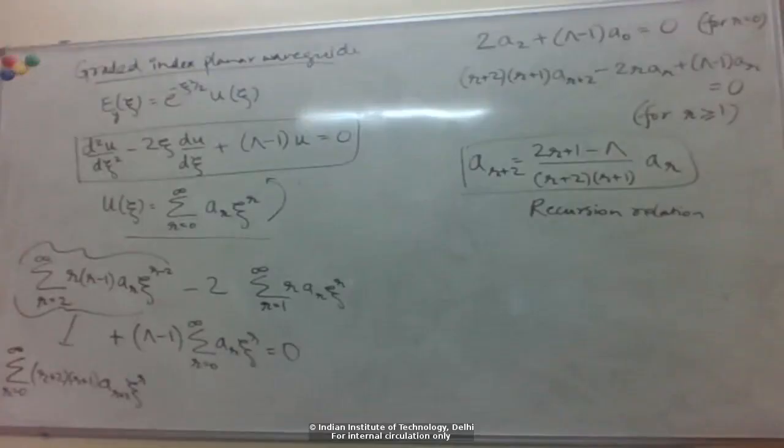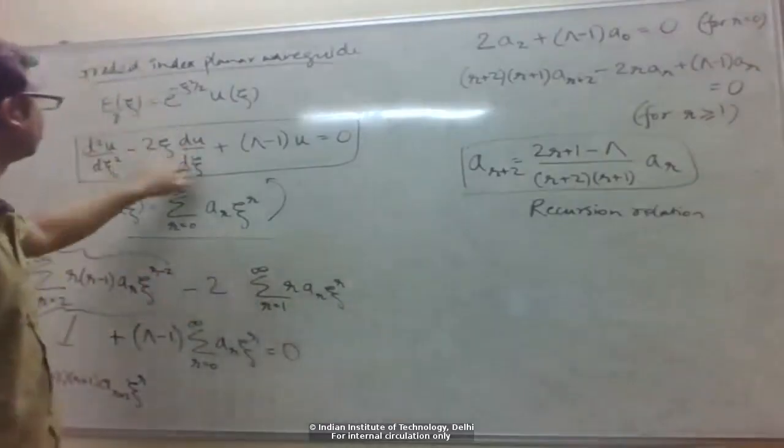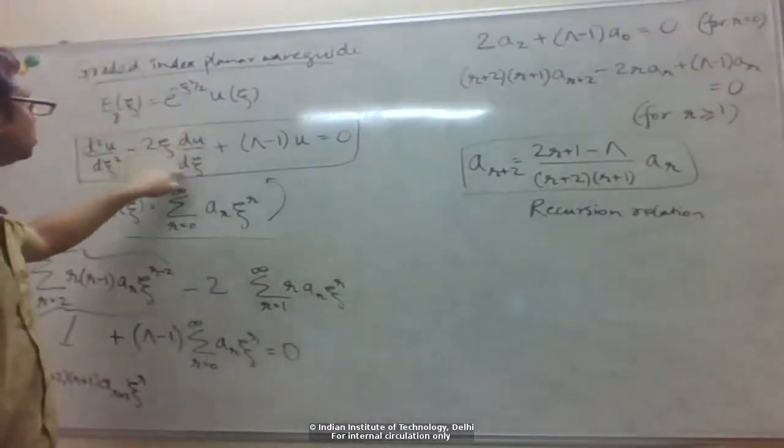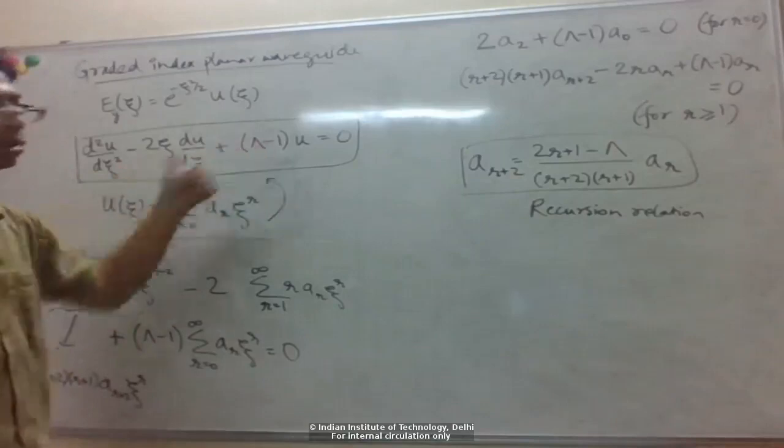So, sir, the second term, you wrote the summation runs from 1 to infinity, or will it be 0 to infinity? Because we are taking the coefficient zeta. This term? Yes, sir. Yeah, so this comes from here, right? You plug this into this equation.